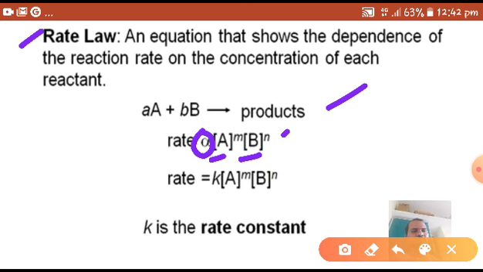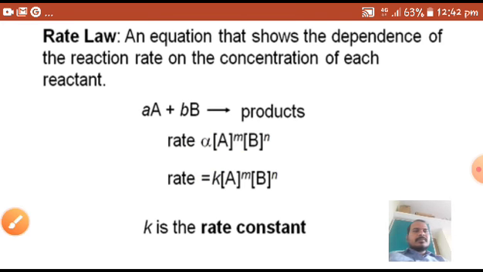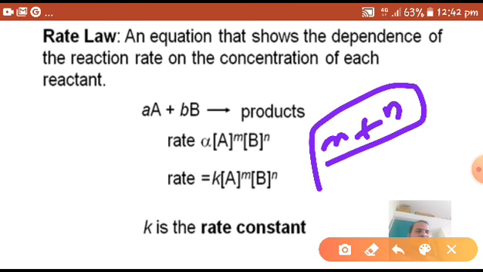It is a proportionality. To remove that proportionality, we write: rate is equal to k [A]^m [B]^n, where k is the rate constant, and this m plus n is the order of the reaction.